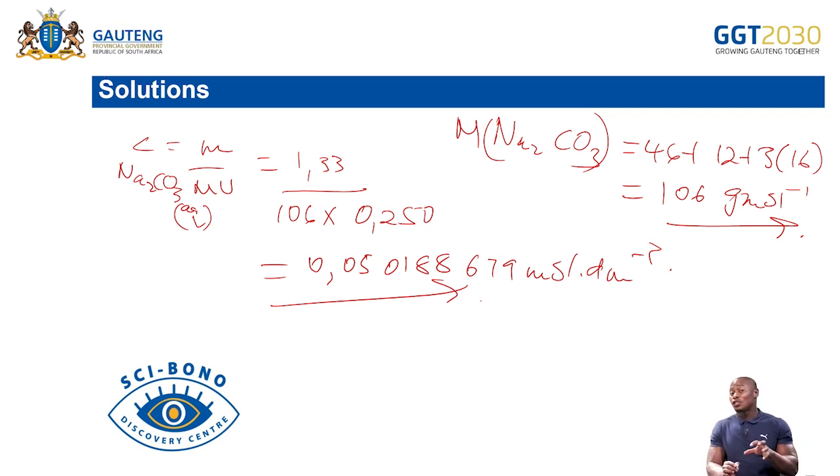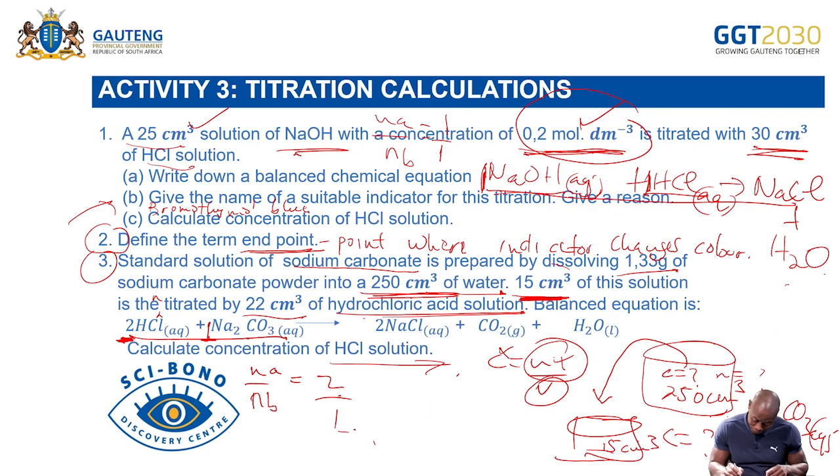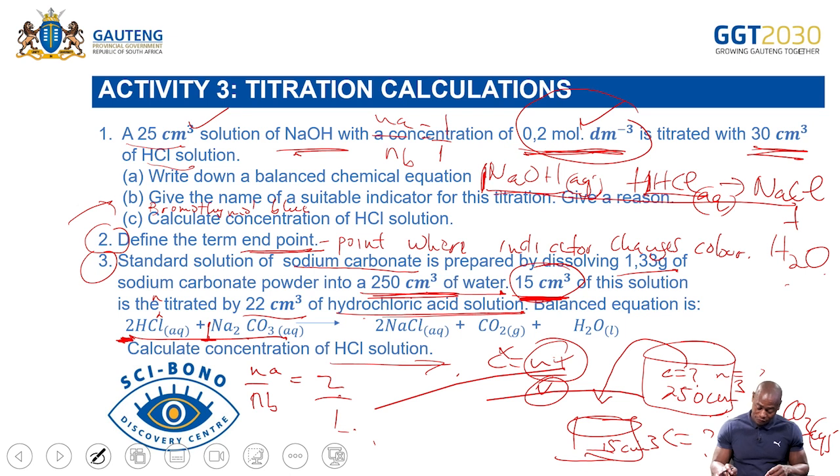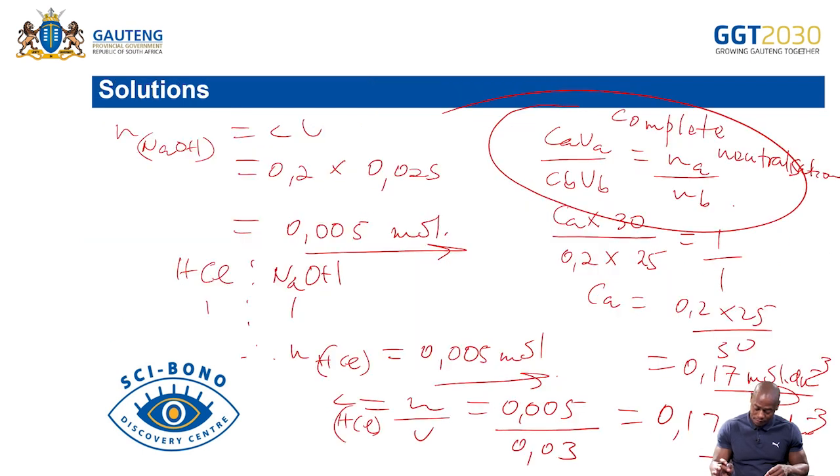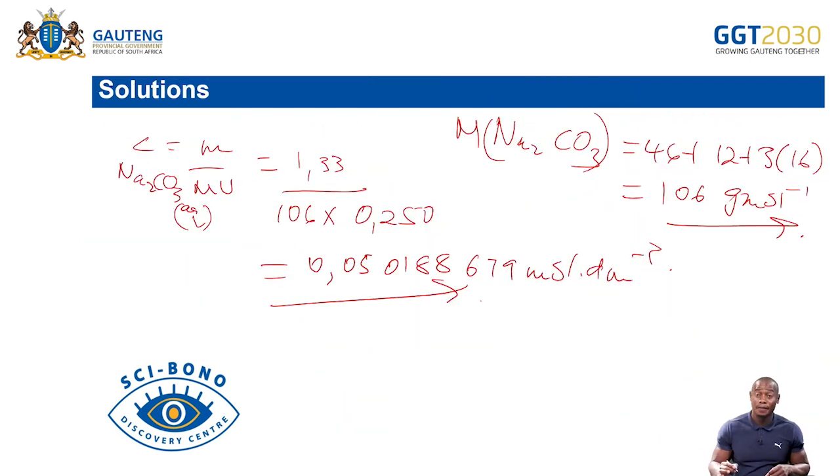Right? I have the concentration. Then from that 250, they took 15, if I'm not mistaken. Yes, they took 15. So now I'm looking for the number of moles in that 15 cubic centimeters. So n equals CV. C is still the same, 0.188679.